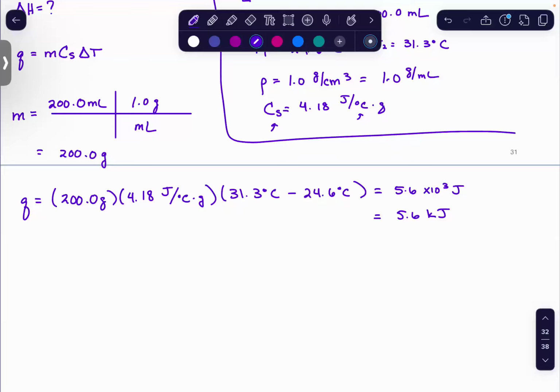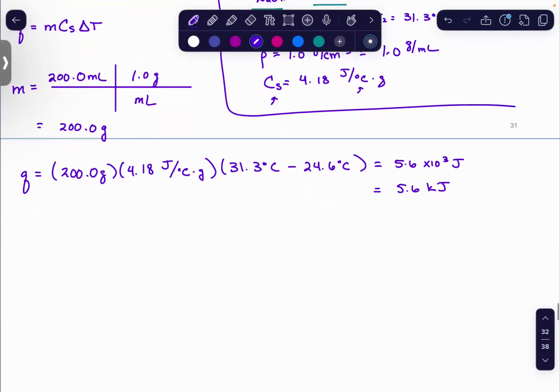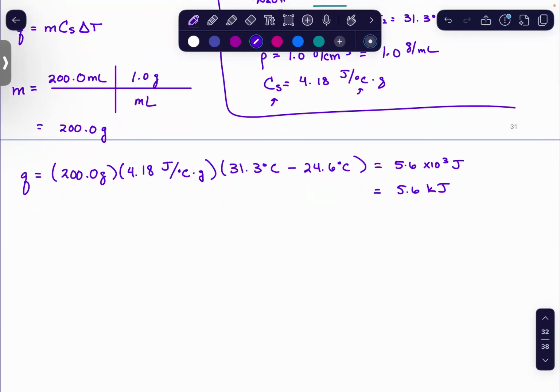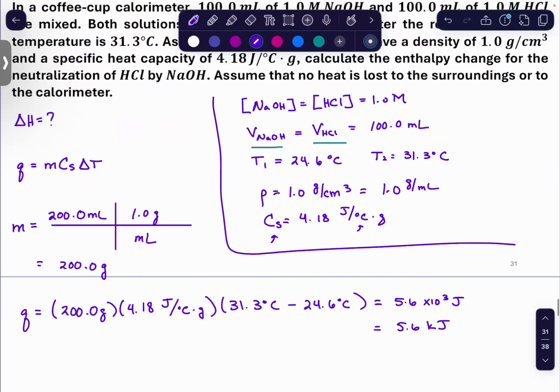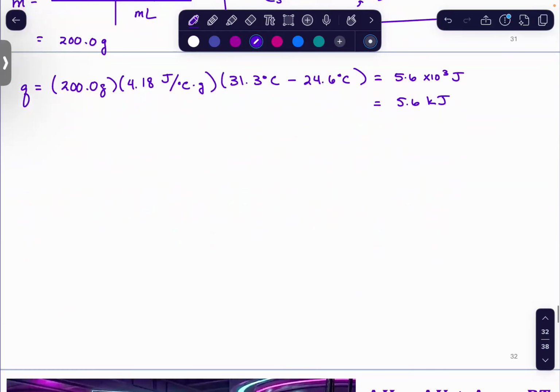So if the entire thing got warmer, that means heat was evolved from the reaction between the sodium hydroxide and the hydrochloric acid. So if heat was evolved from the reaction into the environment, making the solution warmer, that means it was an exothermic reaction. Let's remind ourselves of what this reaction is.